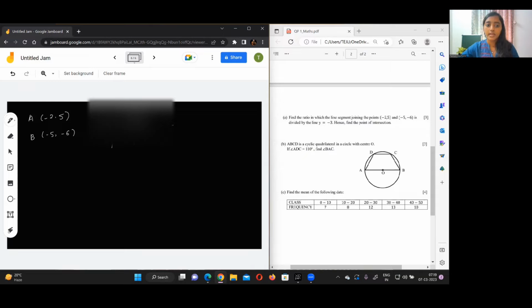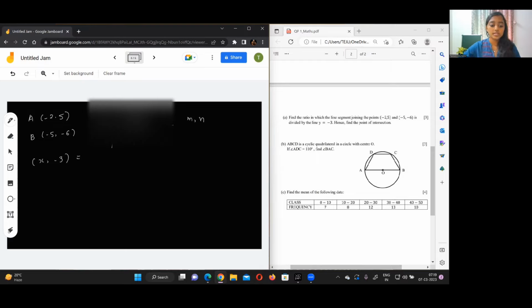Now it is hitting at some point on this particular line, right? So we'll try to find the ratio. So the point is (x, -3).